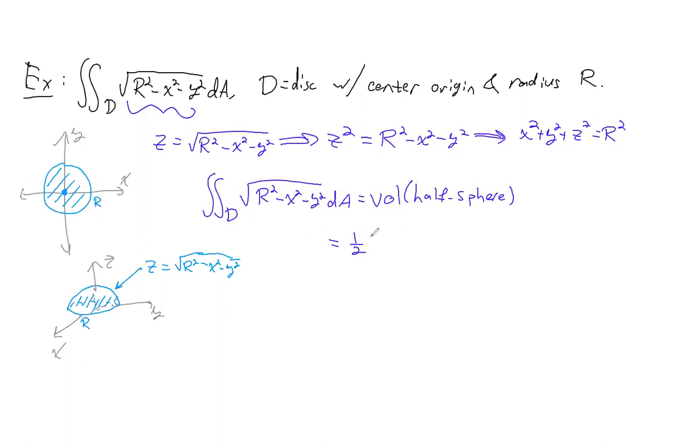Or in other words, 1/2 of the volume of a sphere, which is 4/3 pi times the radius cubed. Or in other words, 2/3 pi r cubed. And we didn't have to do polar coordinates. We didn't have to do any real integration. We just had to think a little bit about what the geometry of this thing actually looks like.